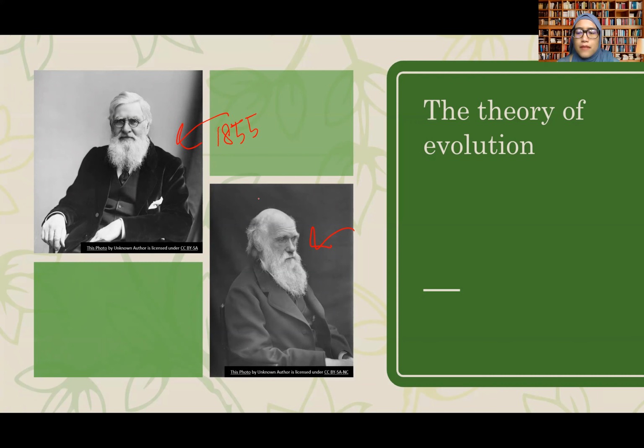But up until now, people normally know Charles Darwin, but not really Alfred. Sorry, I forgot your name. But anyway, in 1859, Darwin published the book The Origin of Species, or something like that.